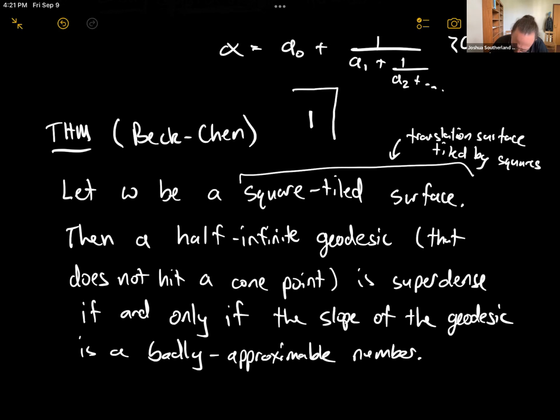So maybe it's tiled by squares like this, but then there's a special kind of wall right there, so the trajectory could bounce off, do something like this, but with some kind of unfolding procedure, we can recover a square-tiled surface.